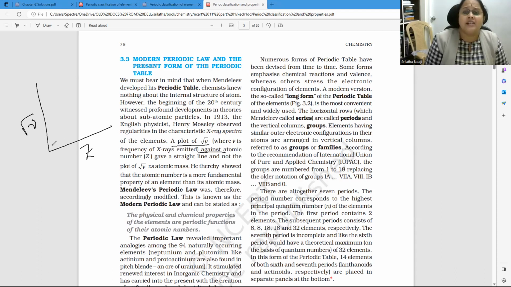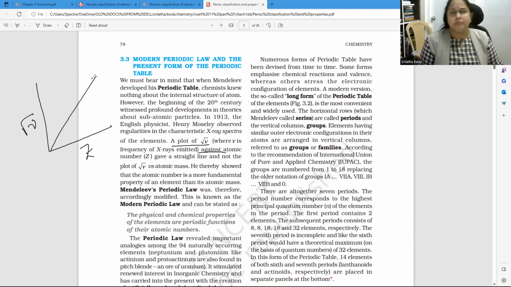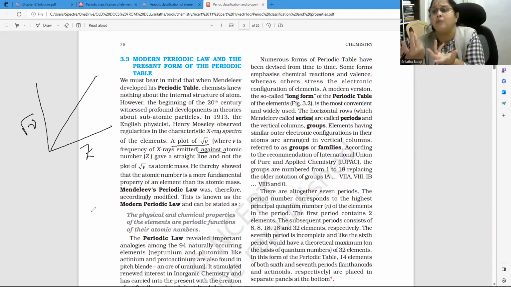It is a straight line passing through the origin, which indicates that this is directly proportional to atomic number. And it's again indicating that atomic number is that unique property which is the identity of an element. It's not atomic mass. Is it clear?